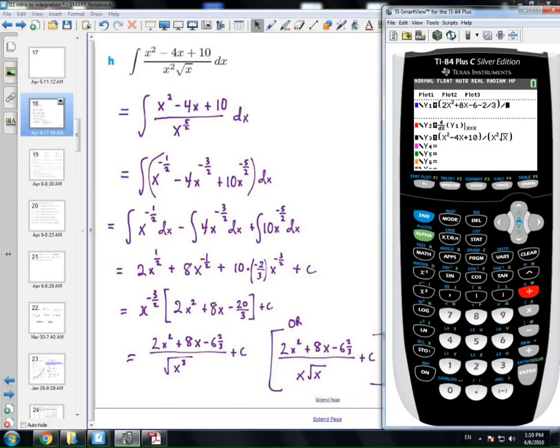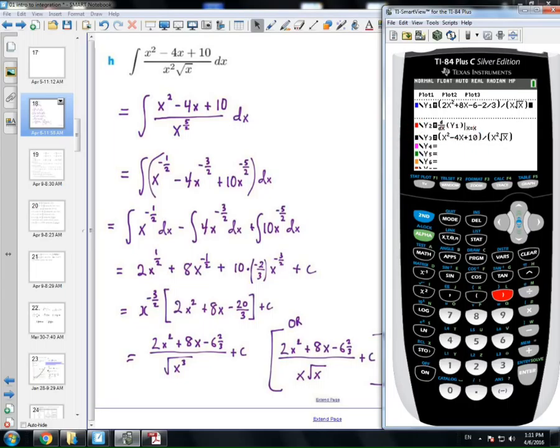Divide that by x squared times the square root of x. Make sure that's all right. Close the parentheses. Okay, so that's my answer, and again, if I take the derivative of my answer, it should be back to the given. So what I'm trying to do is see if the derivative of my answer matches the given function.